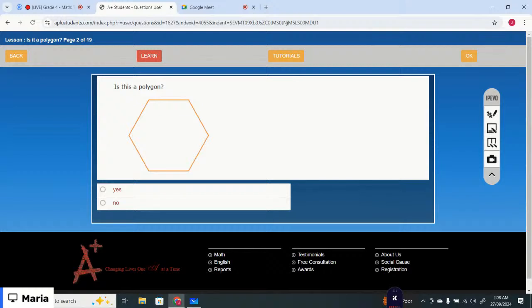Is this a polygon, which is the correct option? The correct option is yes, it is a polygon, a closed shape and straight lines, so yes, that is a polygon.